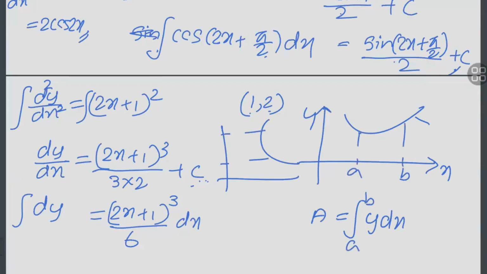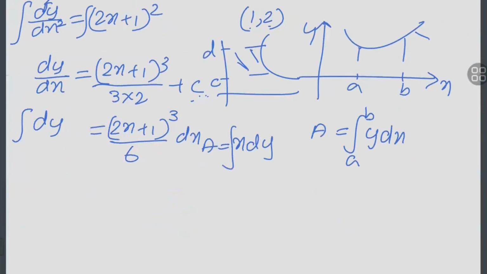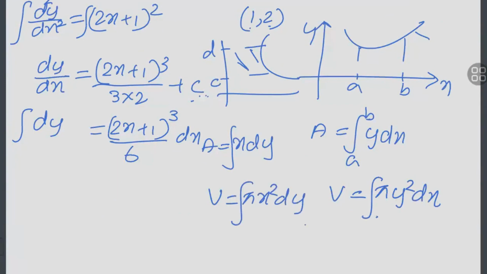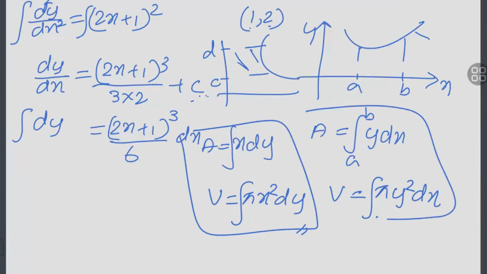If you are going to find it from c to d, then x dy, right? If they ask volume, about the x-axis, pi y squared dx, right? If they ask volume about the y-axis, pi x squared dy. These are not given in the formula sheet. Please remember this.